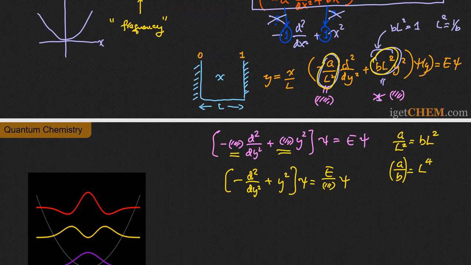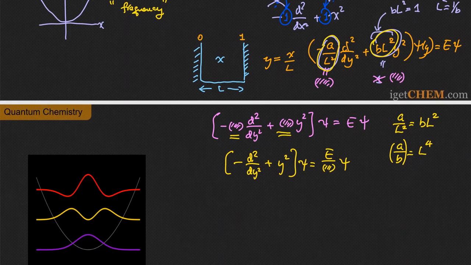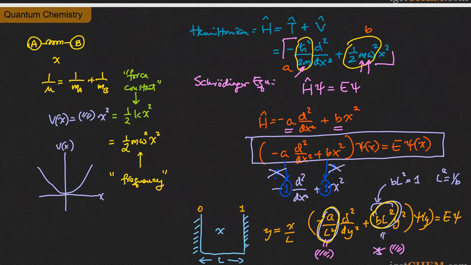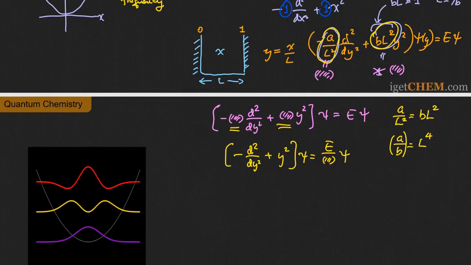So let's figure out what this coefficient is. We said that the proper choice of L is to make A over B equal to L to the fourth power. So let's look at the equation again. This is A, this is B. So what we can do is to put those back into the equation.